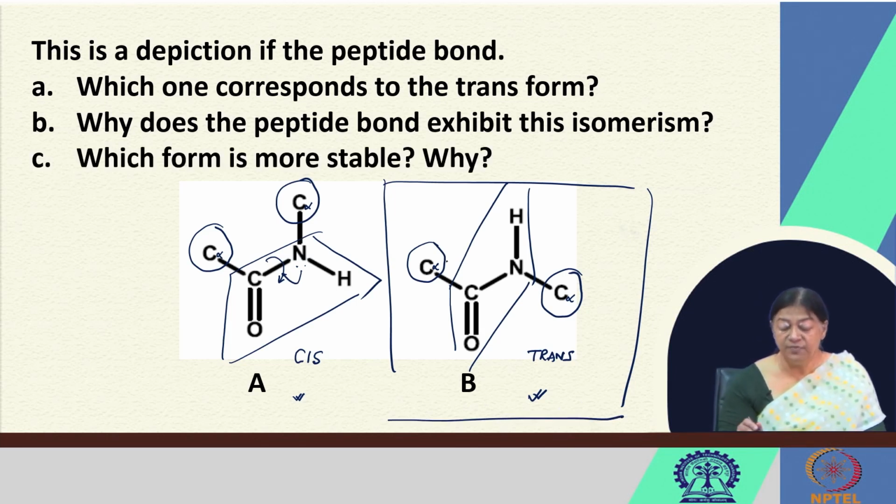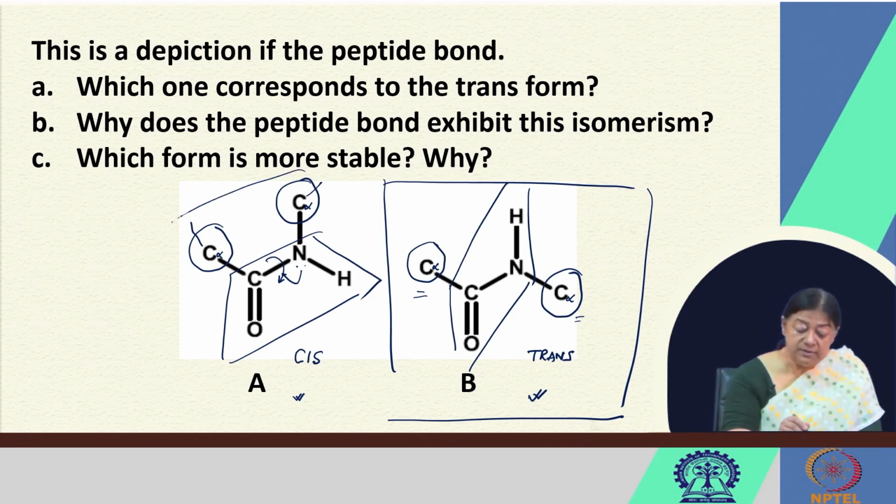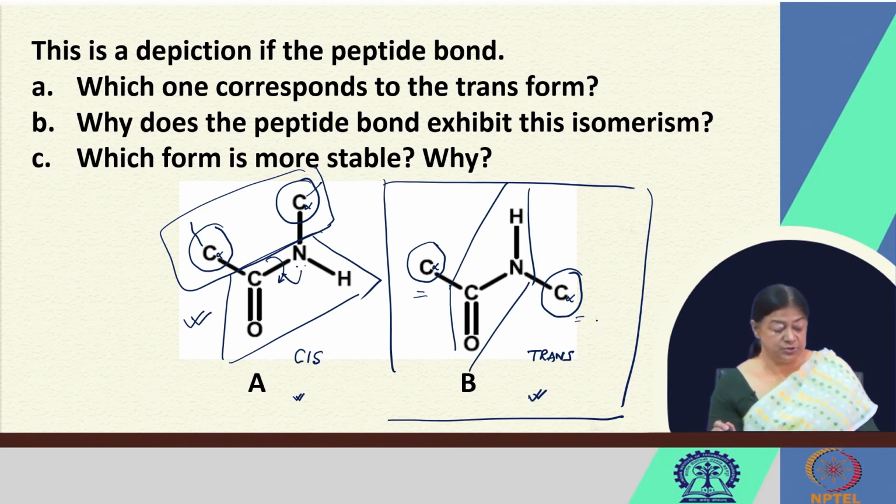It is because of the side chain characteristics. To the C alpha we are going to now have the C beta or the rest of the side chains present. Because of that, if it is in the trans form, there is a lower possibility of any steric interactions or any possibility of their coming together. So, the clash of the side chains is more possible when we have a cis conformation, less so when we have a trans conformation.